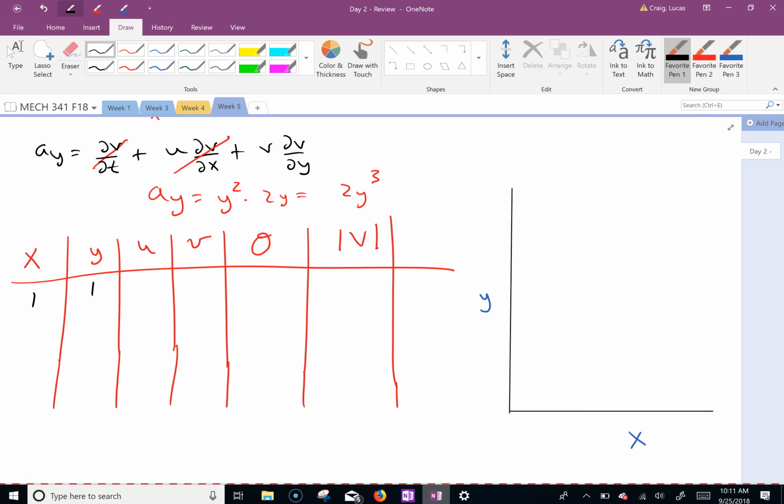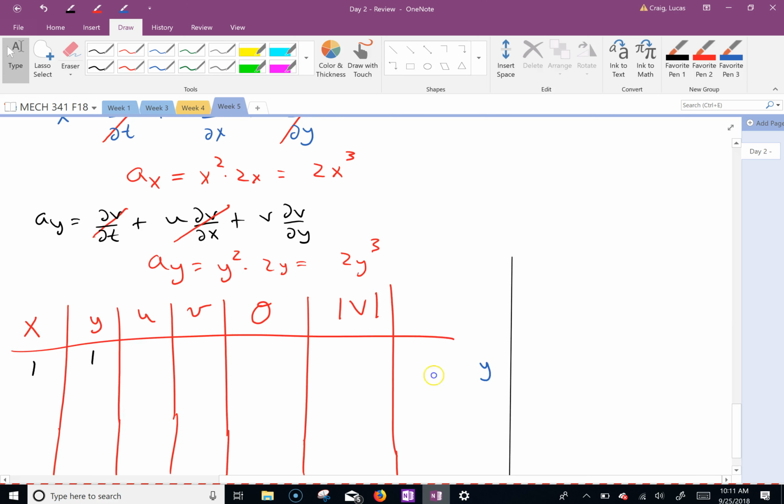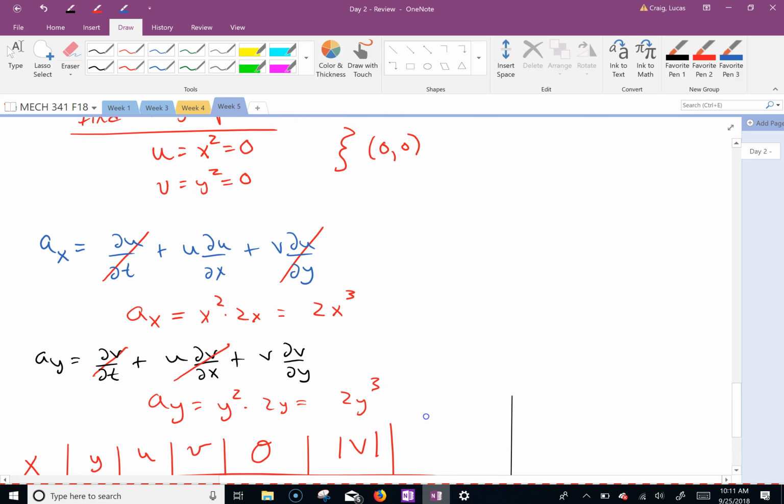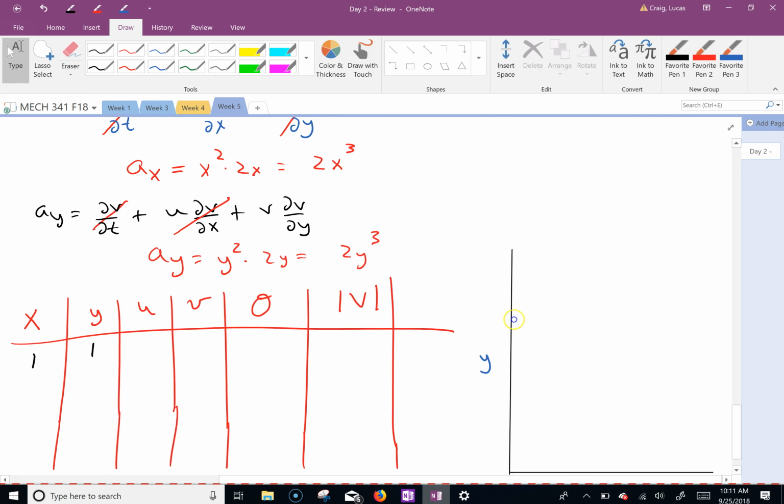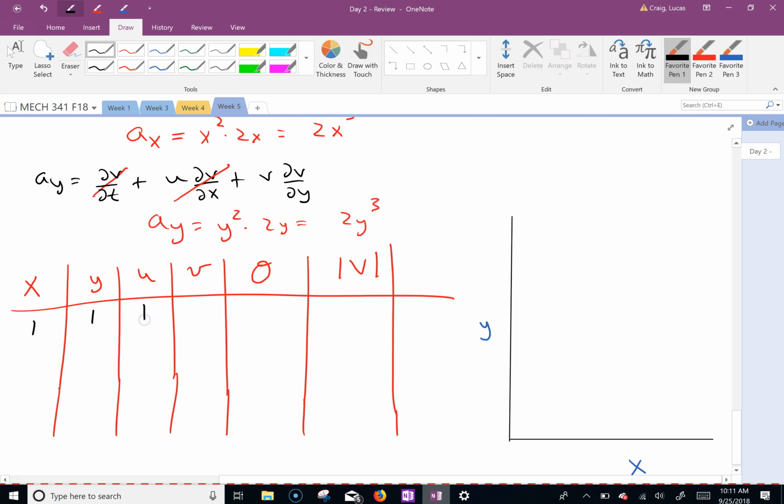What's the value of u? I think it's 1 squared. So remember u is x squared. We plug in 1, we get 1. Yep, so the value of u at that point is 1. What about v? It's 1.